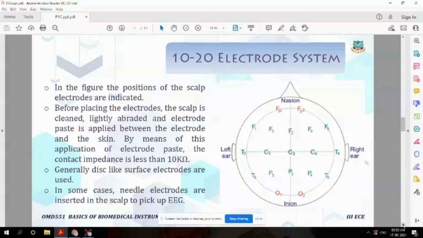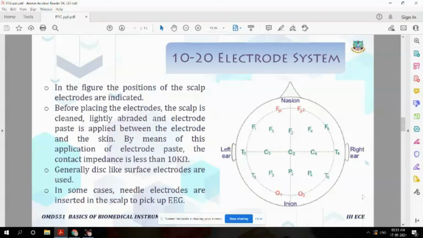As I already told, the electrode is used to pick up the electrical signal from our brain. Generally, surface electrodes are used. Sometimes we use needle electrodes and depth needle electrodes to pick up the electrical signal from our body.